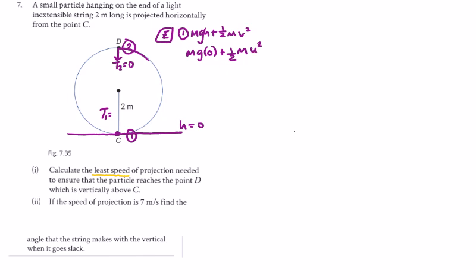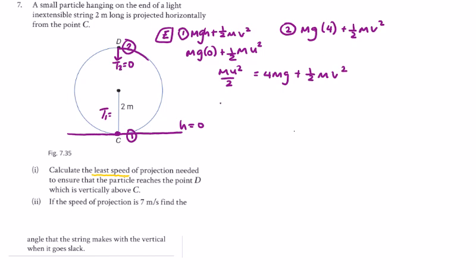It's just going to give us a half mu squared, or mu squared over 2, for position 1. For position 2, mg, well h will be 4, 2 plus 2, plus we don't know the speed as it gets there, a half mv squared. So position 2 is going to be 4mg plus a half mv squared.